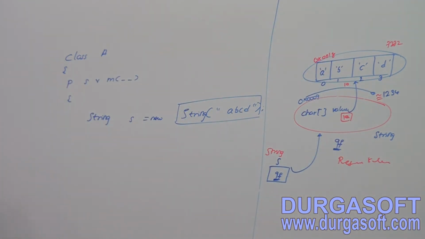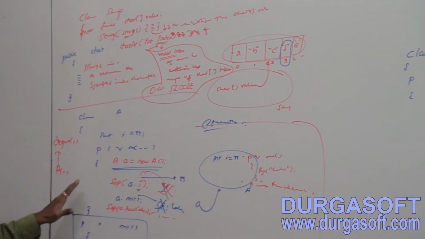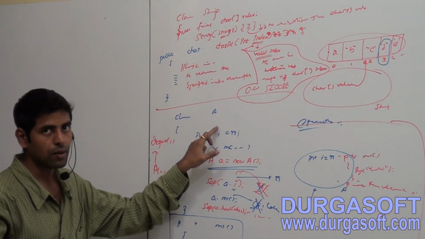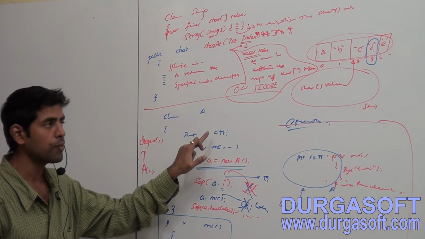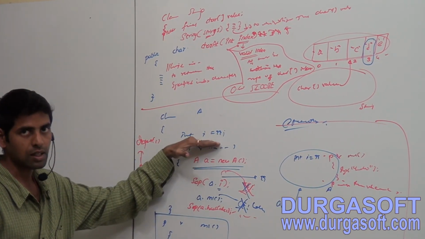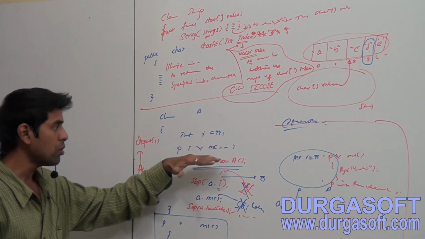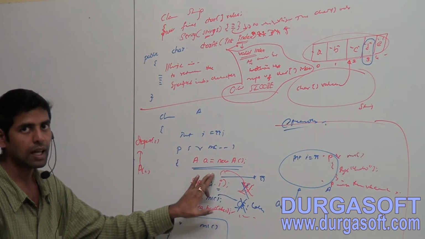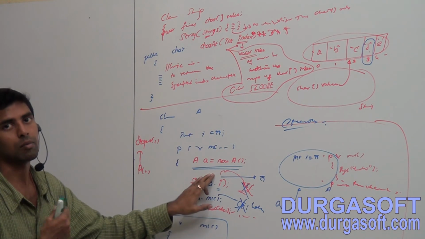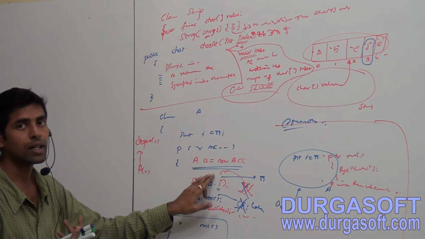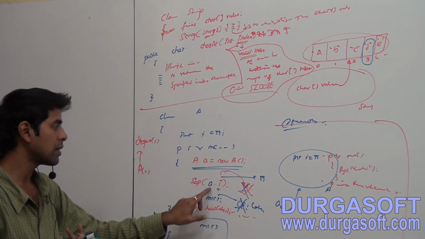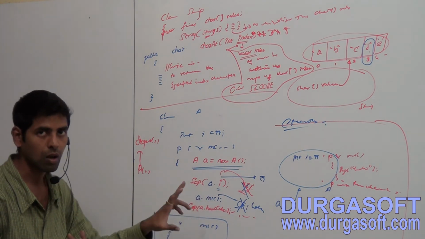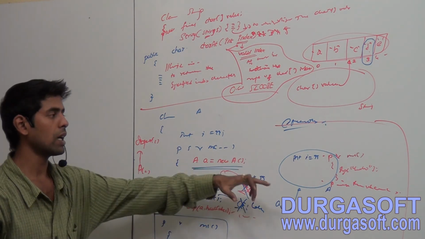Now observe. This is class A. I have taken one class A, and I have one instance variable. I want to access that variable within this main method. Can I access it like this? No, I'll get a compile time error. So how to avoid that? By using an object reference variable, I can avoid that. So first create an object.